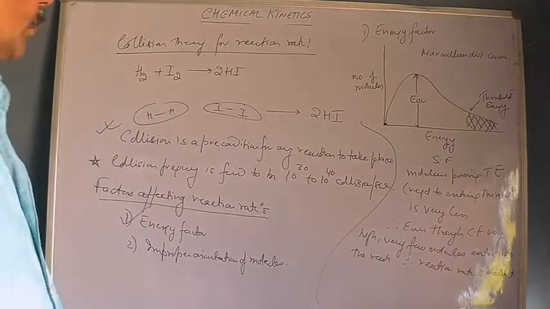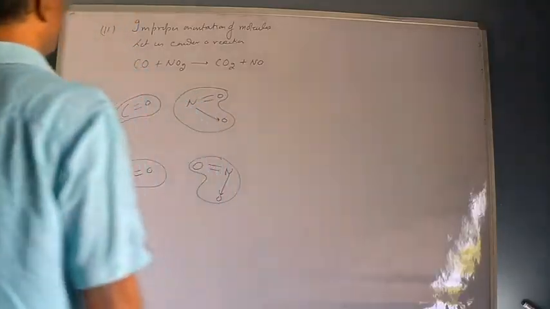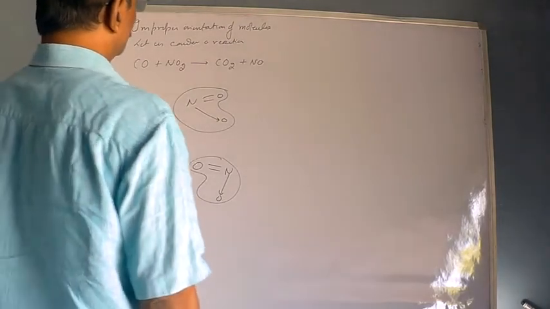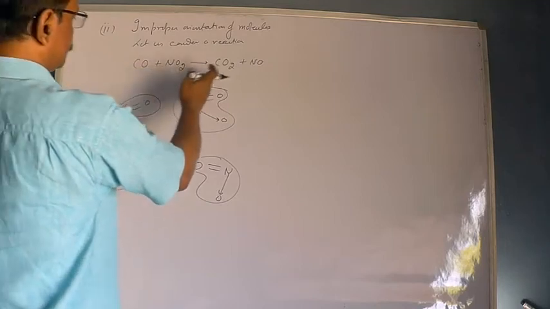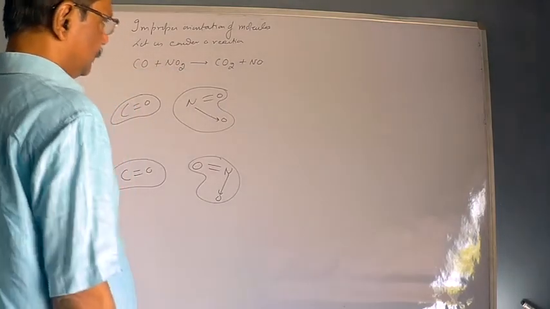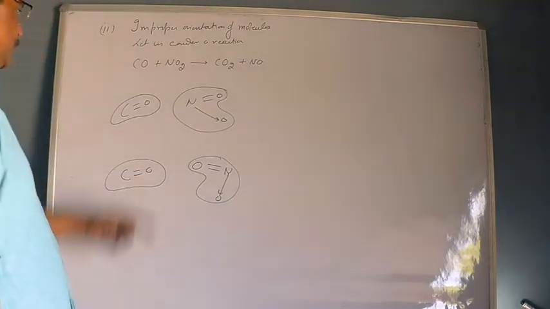Class, our next topic is improper orientation of molecules. Class, let us consider a reaction CO plus NO2 giving me CO2 plus NO. This reaction can be diagrammatically represented by two ways.